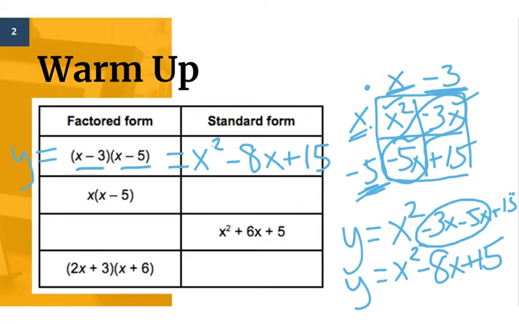All right, so I want you to think, what is the connection between the negative 3 and negative 5 here, and the negative 8? And then what's the connection between the negative 3 and the negative 5 and the 15? All right, so just think about that. They'll ask you for a few noticings and wonderings throughout. Now I'm going to go on to the next one, so I'm going to erase this.